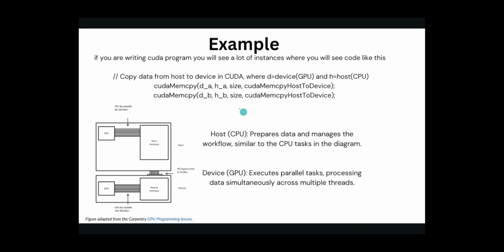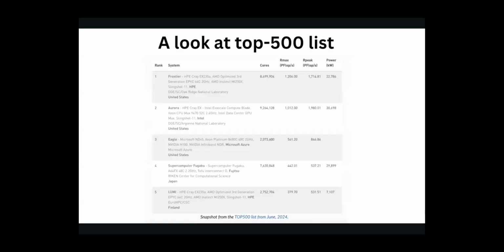The job of the host is just to prepare the data and manage the workflow, like the CPU tasks shown here. And the GPU, the device, executes the parallel tasks and does the processing simultaneously across multiple threads, and then you get a significant time reduction on your problem.